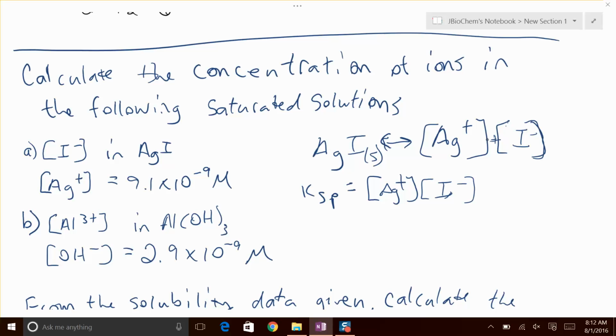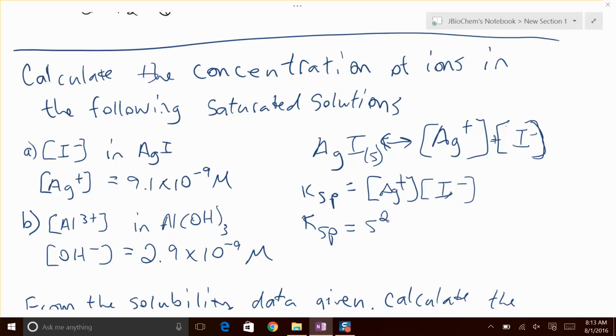So what does that mean about the I minus? It's the same, right? Because they have to be at the same concentrations, essentially. If this is 9.1 times 10 negative 9, then that's 9.1 too, because KSP equals S squared. So whatever one is, the other one is also. Okay?